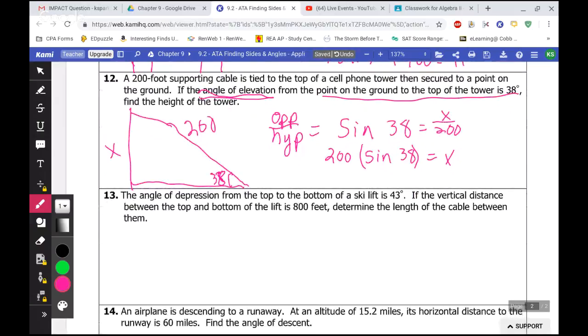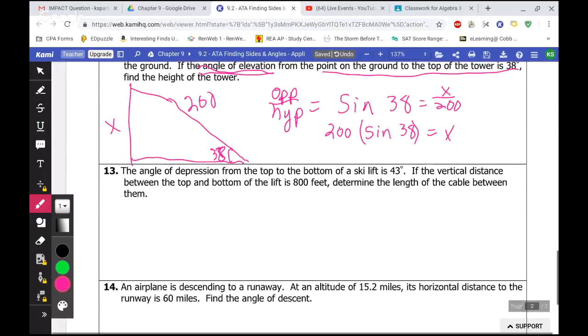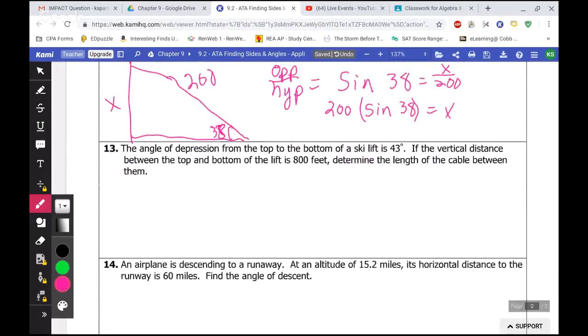Please forgive me. But the next one is angle of depression. And these are a little different because to me, the ones with the angle of elevation are a little more straightforward. The angle of depression are the ones where you can either do the complementary angle or use the angle of depression and use the fact that you can make like a parallel rectangle with it.